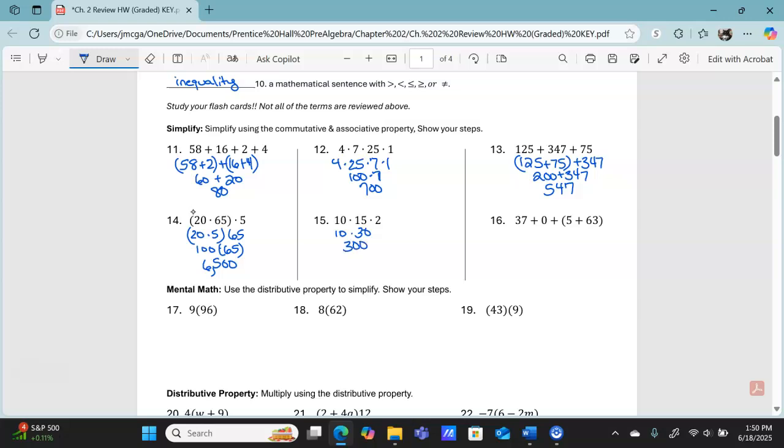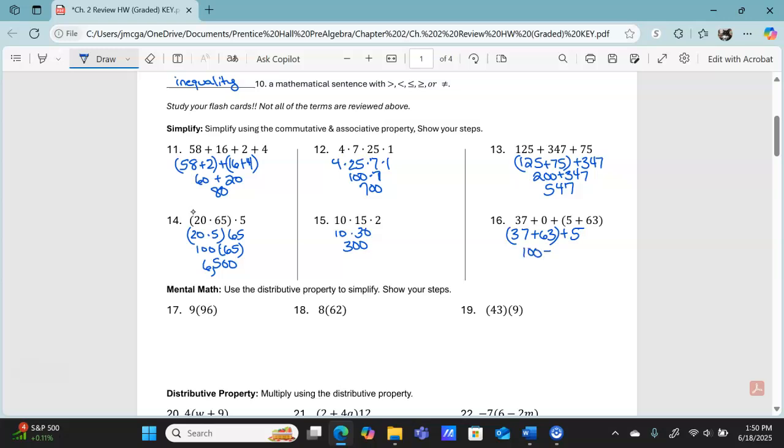And I would get 300. Here, I'm going to move the 37 with the 63. And I don't need to write down the plus 0 because that's the additive identity property. Anything I add to 0 is just going to give me that number.